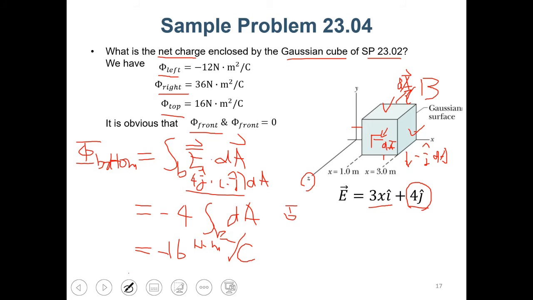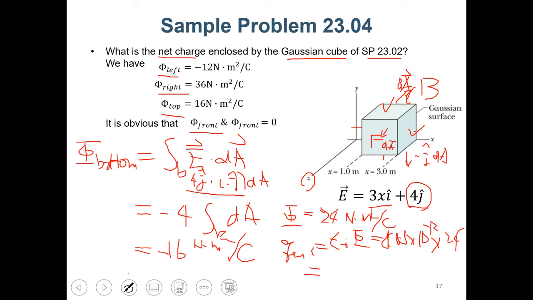So for the total phi, you can add all of them together: minus 12, 36, 16, minus 16. So it turns out to be 24 Newton meter squared per Coulomb. Okay, so Q enclosed will be nothing but epsilon naught phi, which is 8.85 times 10 to minus 12 times 24.